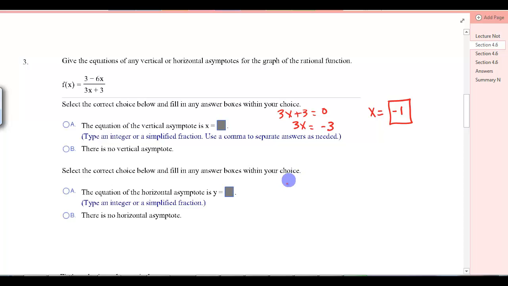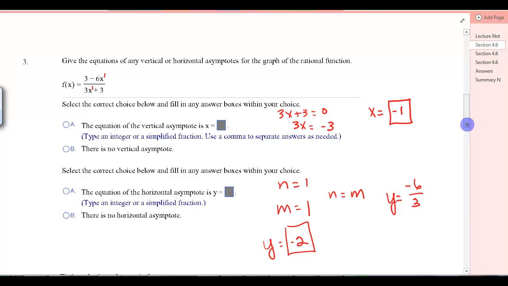For the horizontal, the degree of the top is 1 and the degree of the bottom is 1 also. So that has n equal to m. So we do y equals -6 over 3, so y equals -2, sorry. That's our horizontal asymptote.